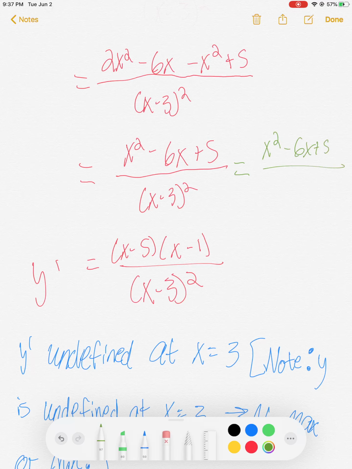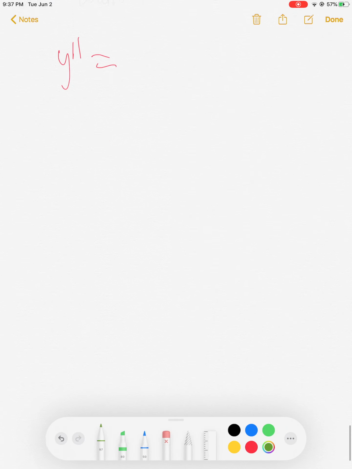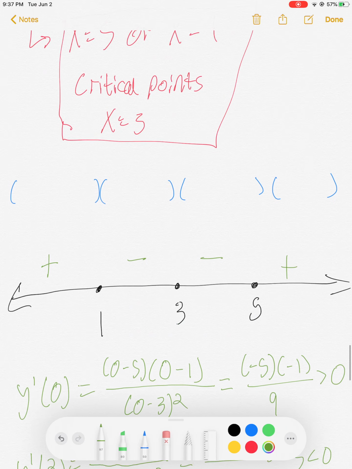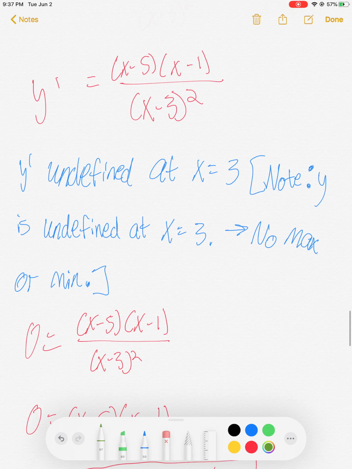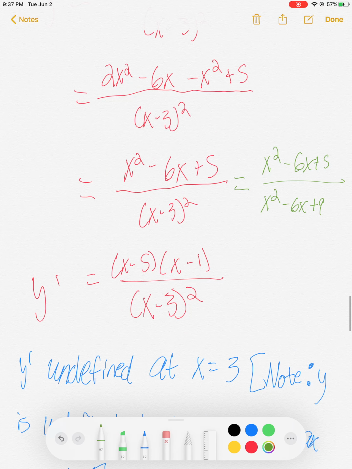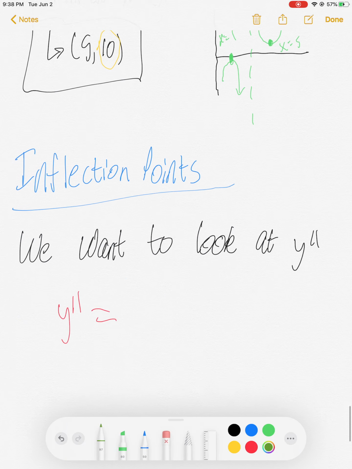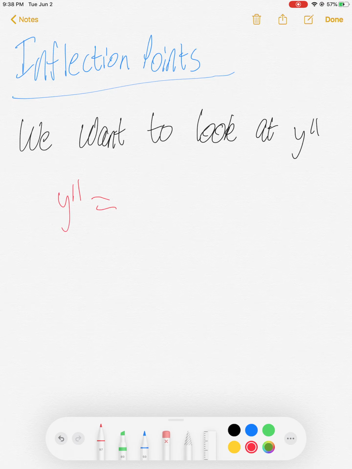I'm going to rewrite y prime as x squared minus 6x plus 5 over, I want to multiply that denominator out, x squared minus 6x plus 9. Because I think that will be helpful for me in taking this second derivative.